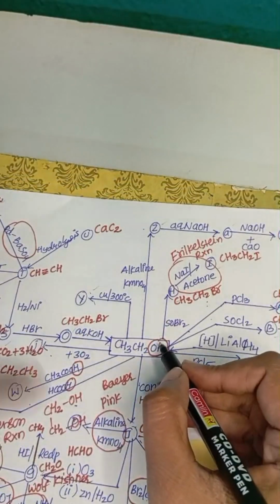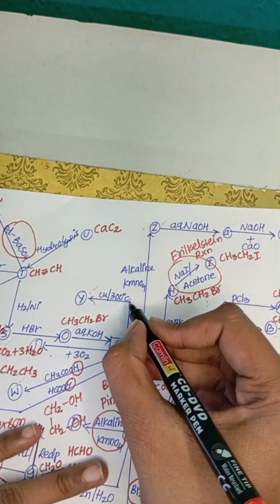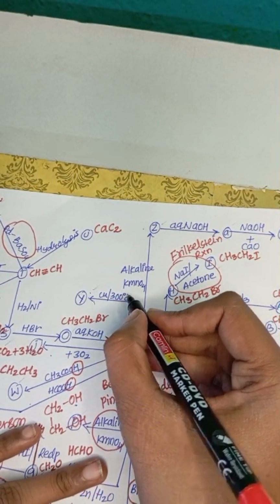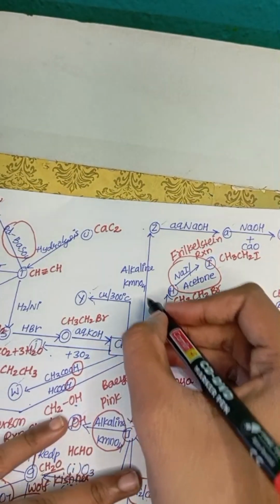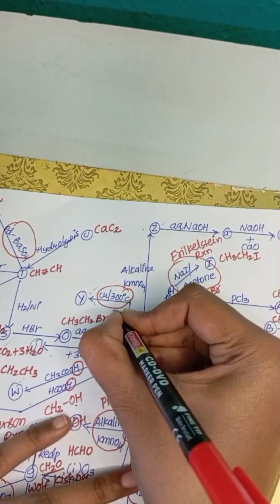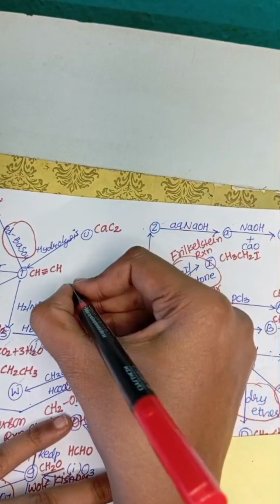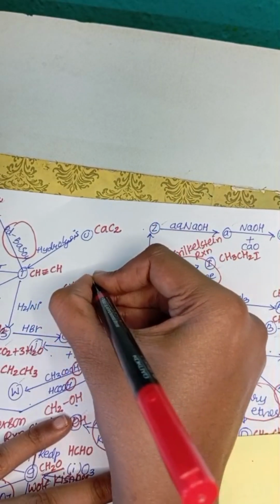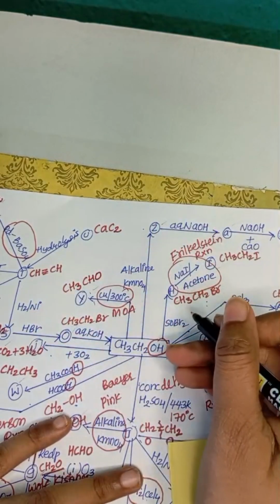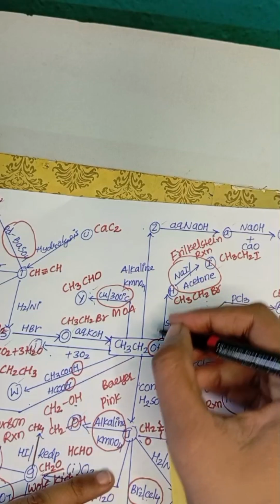Whenever ethyl alcohol is treated with copper metal at 573 Kelvin or 300 degrees Celsius, it acts as a mild oxidizing agent and forms acetaldehyde, which is otherwise called ethanal.